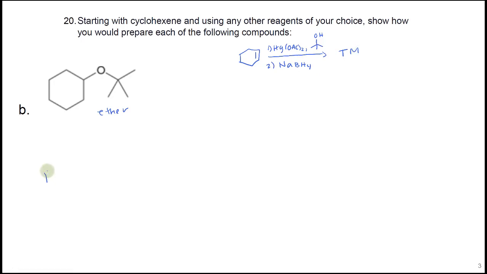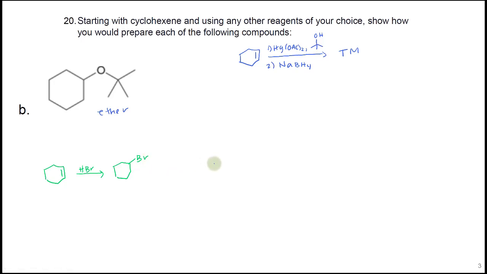Another thing that you can do from cyclohexene is I can make it an alcohol. Actually, I can make it, I add HBr to make it a Br, and I'll show you in a minute why I don't want to do it the other way.